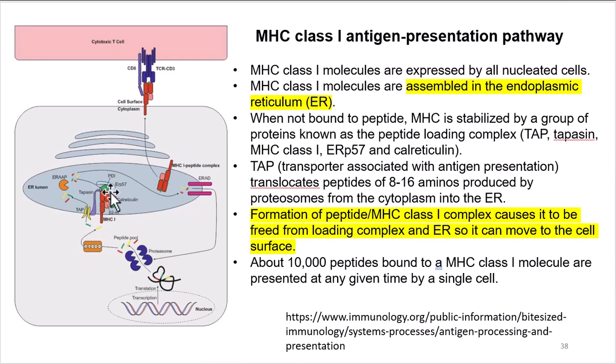And then there's this protein called TAP, and it's part of a complex that stabilizes the MHC1 before it gets a peptide. And then it also goes out and grabs peptides and puts them into the cleft in the MHC1.